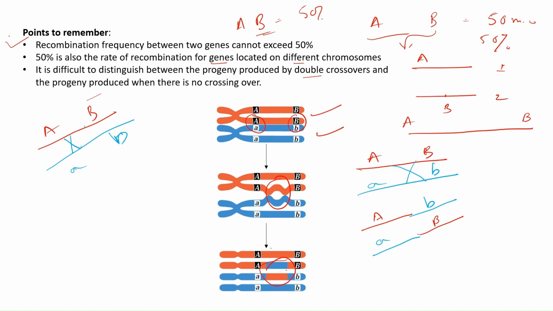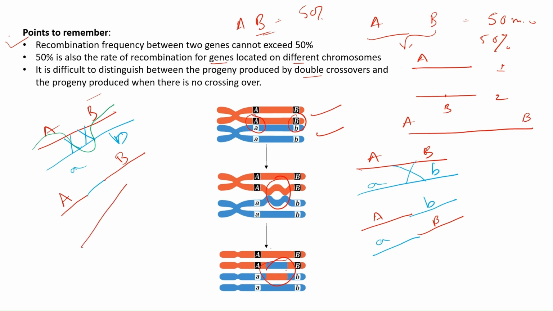The crossing over is happening two times between genes A and B. So now how will the genes behave? This red section, then the lower blue, again the red section. Why? Because from this red, then blue, then again this red. Clear? So here the gene is A and here B.